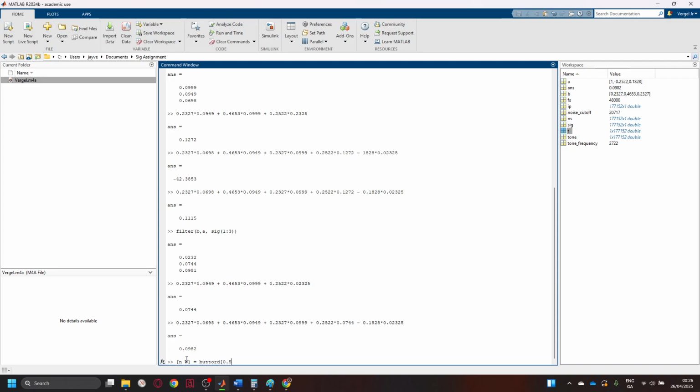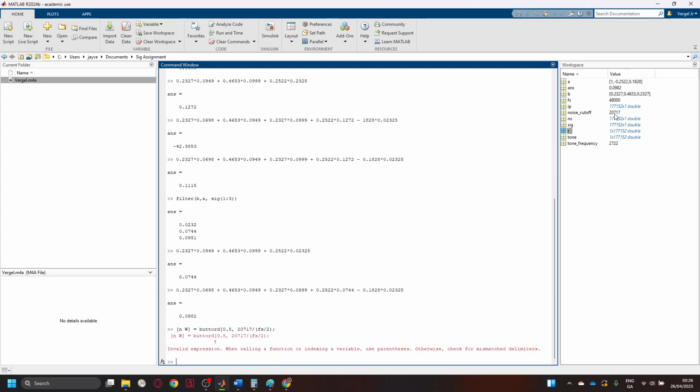I'm just going to put it as 0.5, and set the noise cutoff, so 2717 divided by fs divided by 2 to get a normalized function. Oh, forgot.